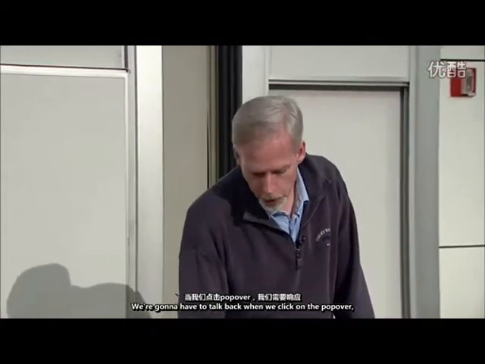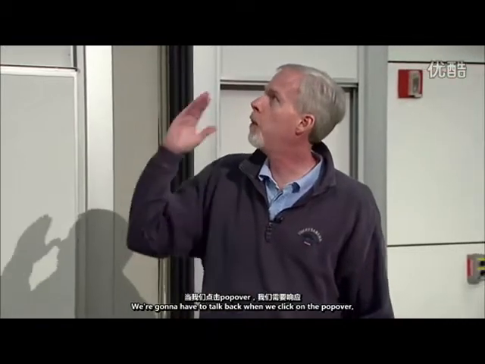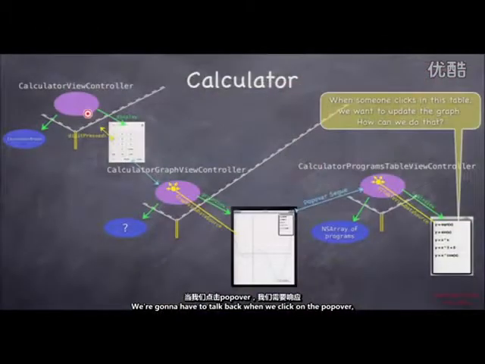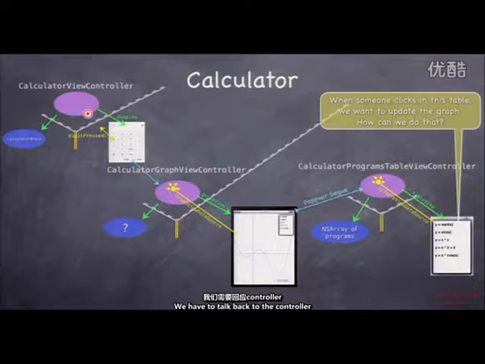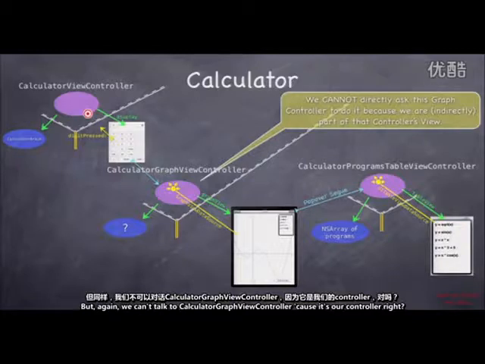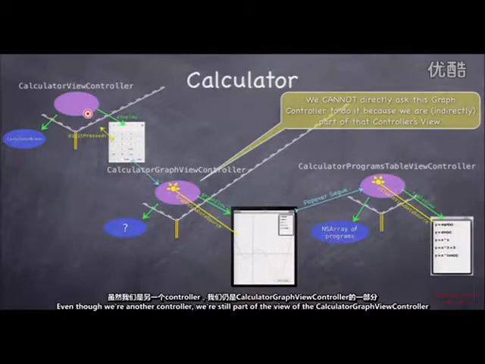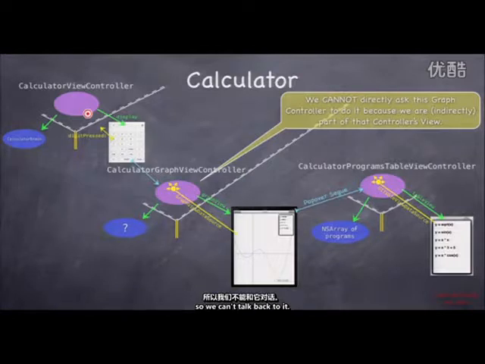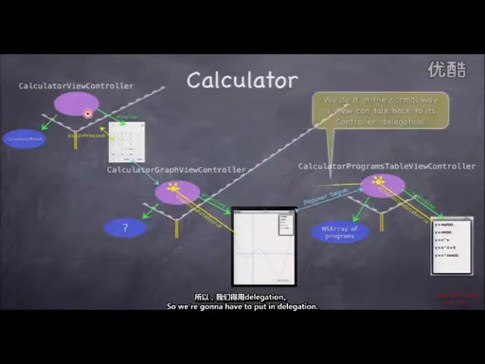When we click on one of the graphs on the popover, we have to talk back to the controller to say, oh yeah, they picked a graph, draw this graph for me. But again, we can't talk to calculator graph view controller because it's our controller, right? Even though we're another controller, we're still part of the view of the calculator graph view controller, so we can't talk back to it. So we're going to have to put in delegation.